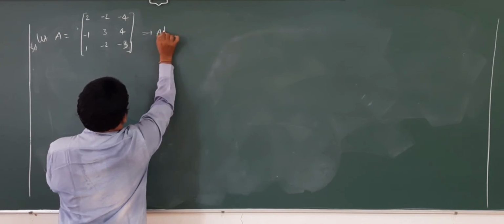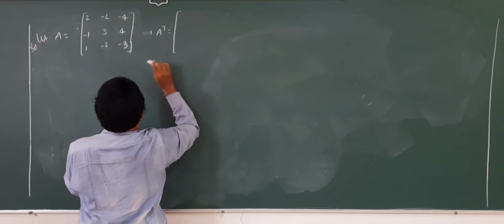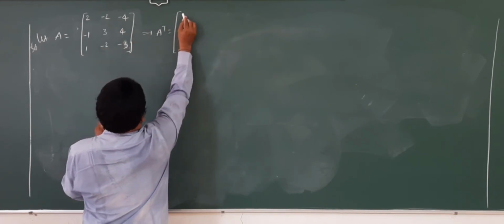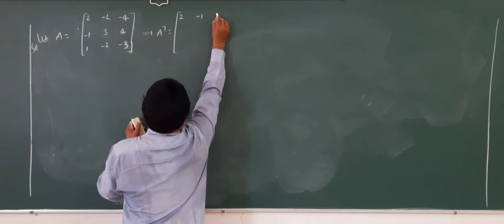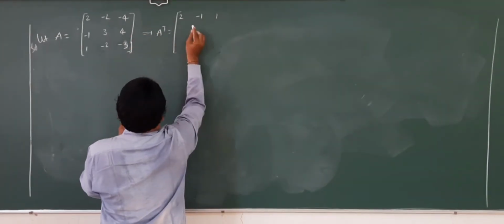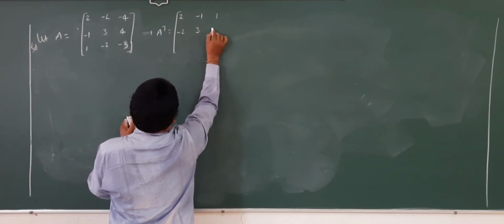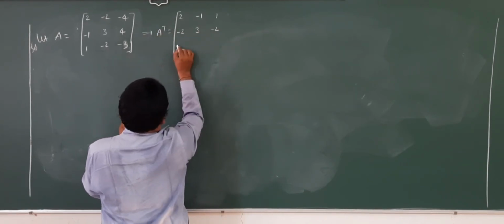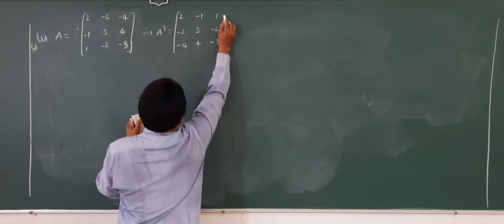That implies A transpose, where we interchange the rows and columns, is [2 -1 1; -2 3 -2; -4 4 -3].